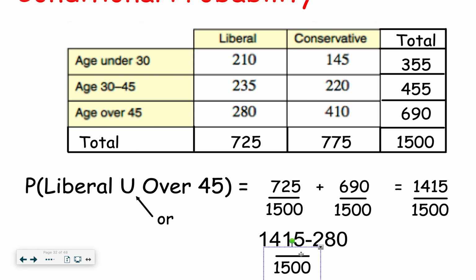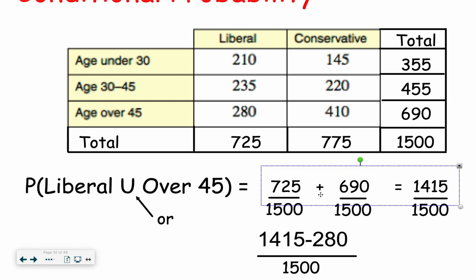And let me just make this line a little bit longer so you get that idea. So again, the 1415, that number included the 280 that was both liberal and over 45, and I got that in there twice in both of these two fractions that I added, so I have to subtract out the extra one that I got.